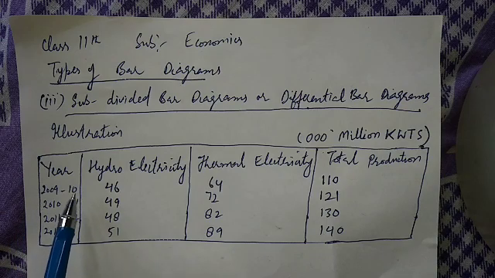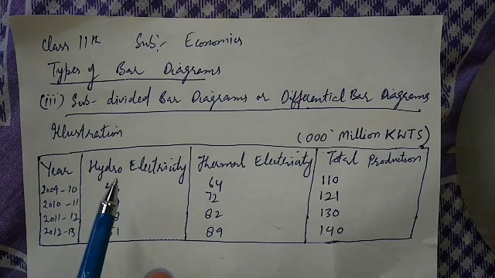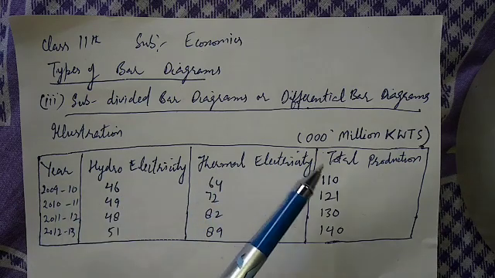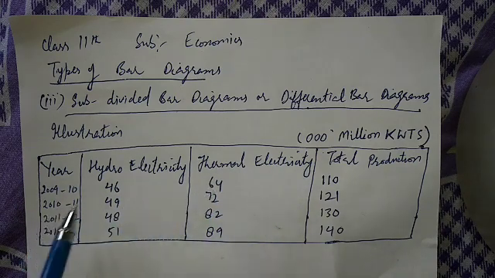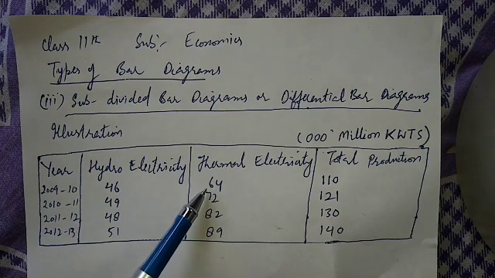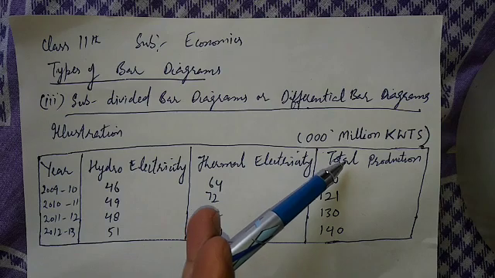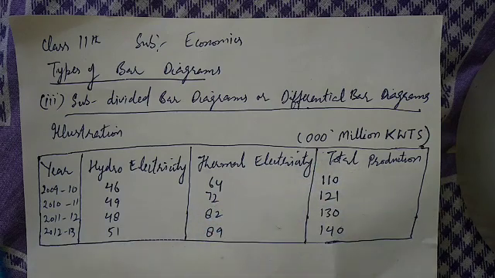This is year 2009-10, 2010-11, 2011-12, 2012-13. This is hydroelectricity, 46 million kWts, and thermal electricity shows 64 million, and total production 110.